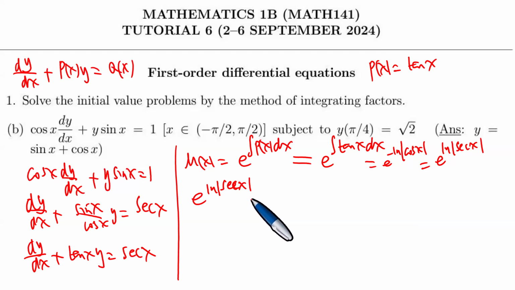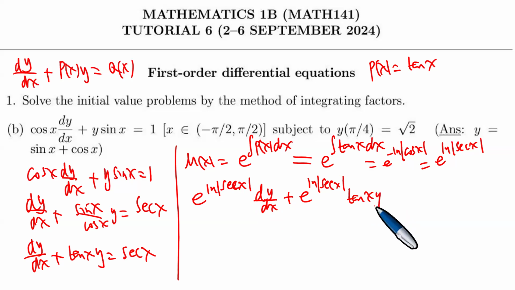So we're going to multiply both sides by this. dy/dx, which is like e to the ln.